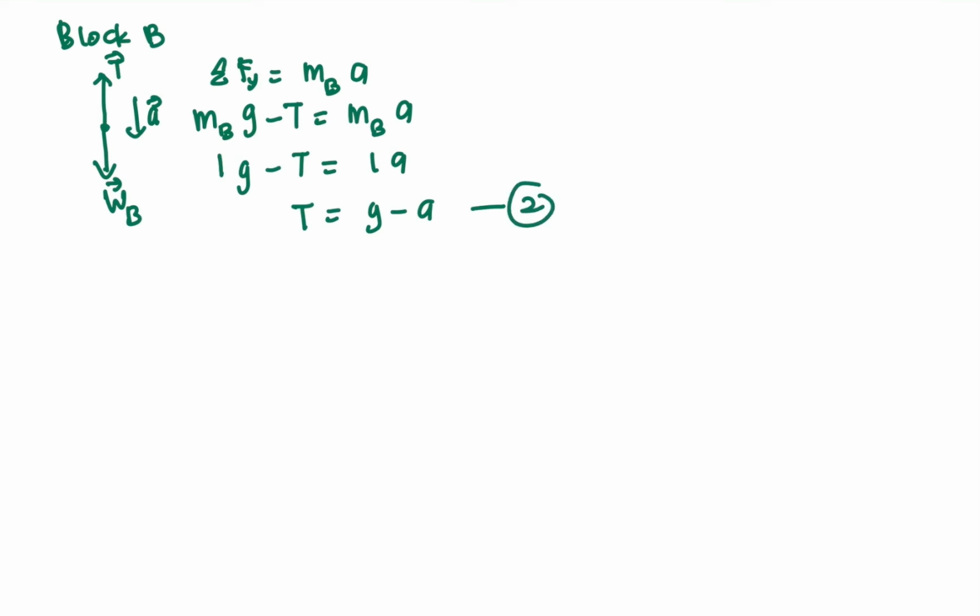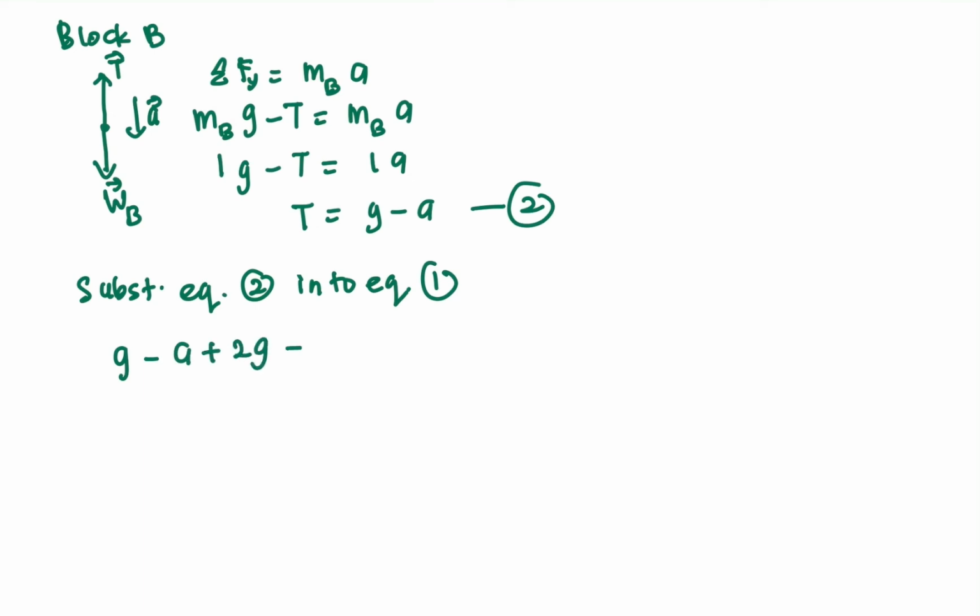Okay, and then you just substitute equation 2 into equation 1. So it will be g minus a plus 2g minus 6 equal to 4a.